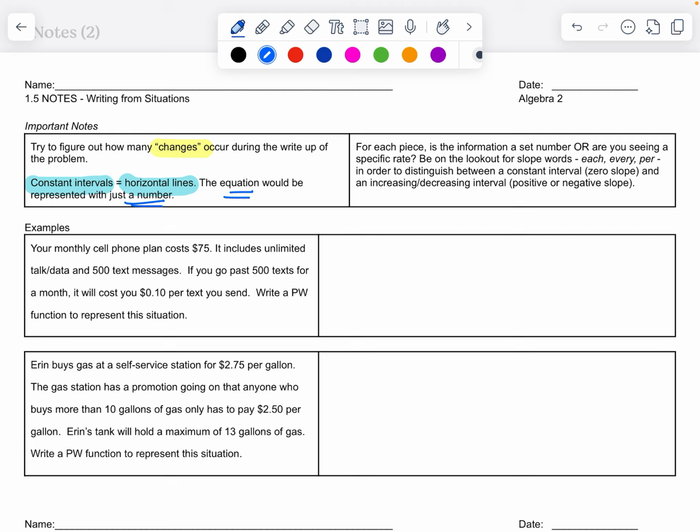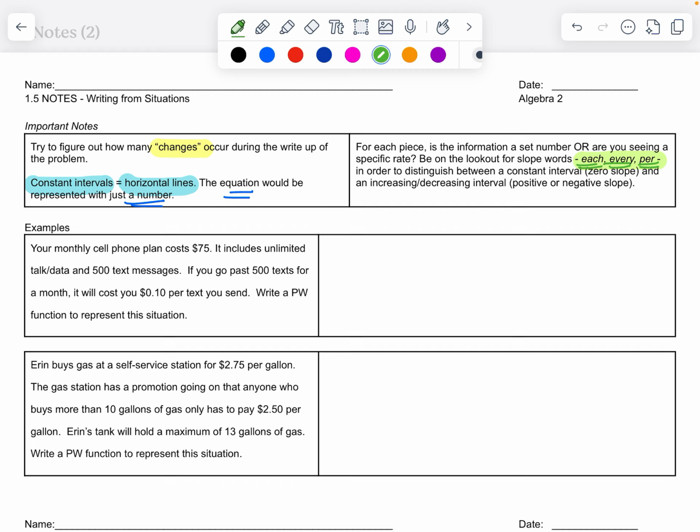One last piece of advice before we move into the actual problems. In terms of reading through word problems, because that can certainly be tricky, we want to make sure that we focus and see if we can find any slope words. Words like each or every or per. Those words will help us understand that there's going to be a slope.